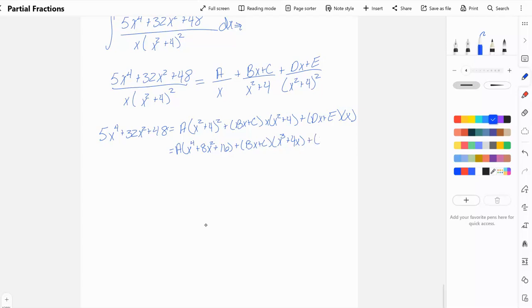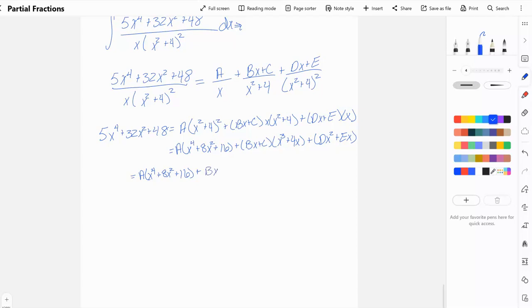And this is going to be dx squared plus ex. I think I'm going to need a little bit more space. I'll multiply this out.